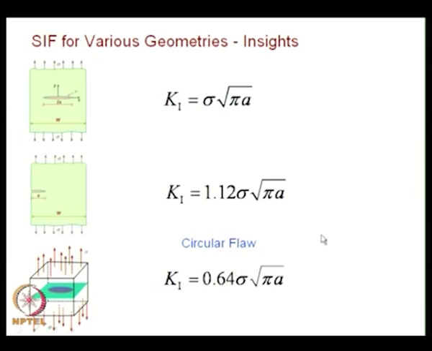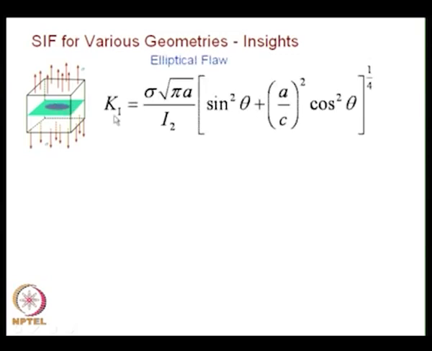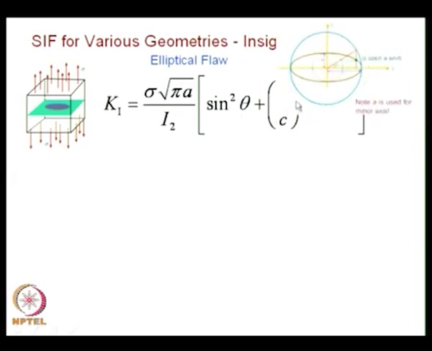After the circular flaw, we moved on to an elliptical flaw, and only in an elliptical flaw we noted that the stress intensity factor can change from point to point on the crack front, and that definition is given here. You have sigma root pi a divided by I2, and you have a function related to theta, and we have also noted when you specify theta, how to locate the point on the ellipse. If I have theta like this, you drop a normal and this hits this ellipse at this point. So, for this point the stress intensity factor is given.